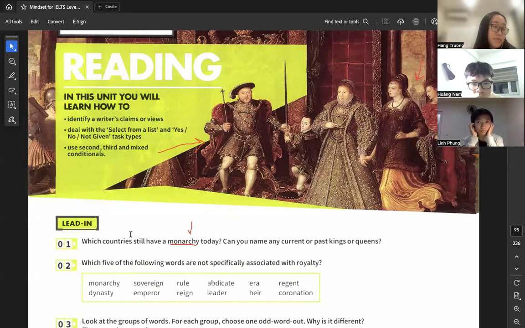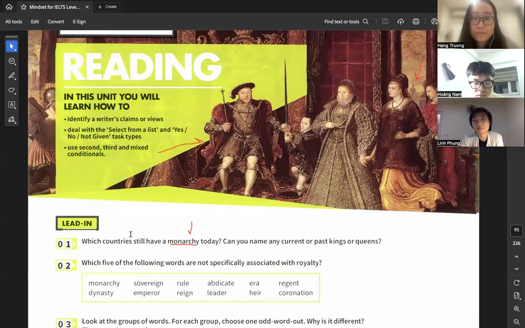Can you mention some countries in the present that still have a king and queen and a royal family? UK. Yeah, the UK, right? Very famous royal family. Also has a lot of drama. Japan. Japan, yeah. So both in the West and in the East.